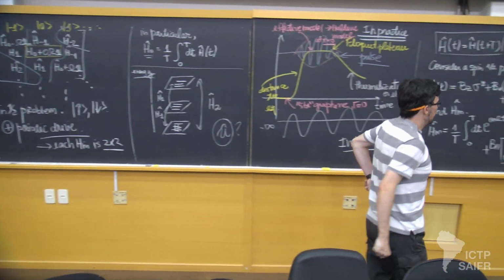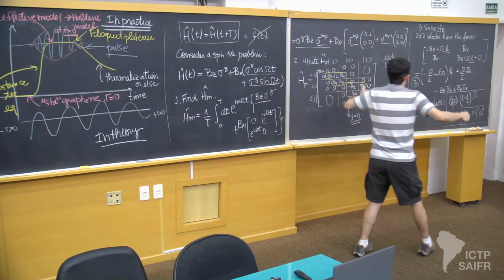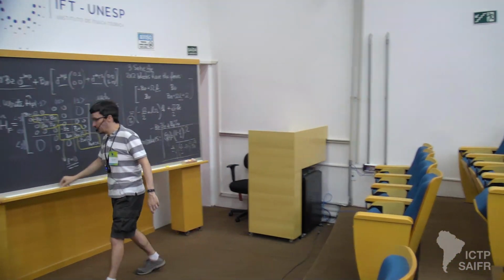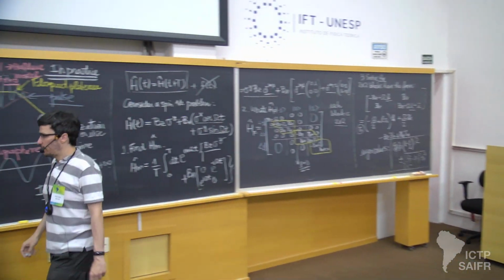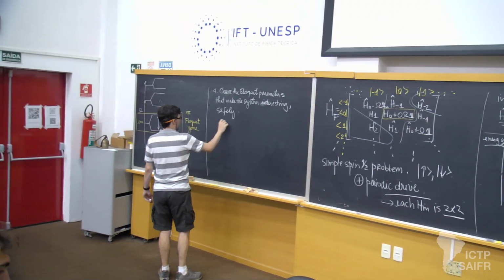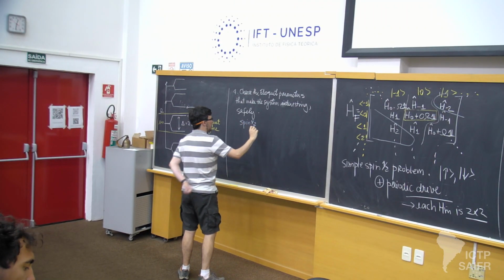Okay, so I'm driving this with a magnetic field, and the magnetic field is rotating. So in this case, for the spin half, I had the following parameters.